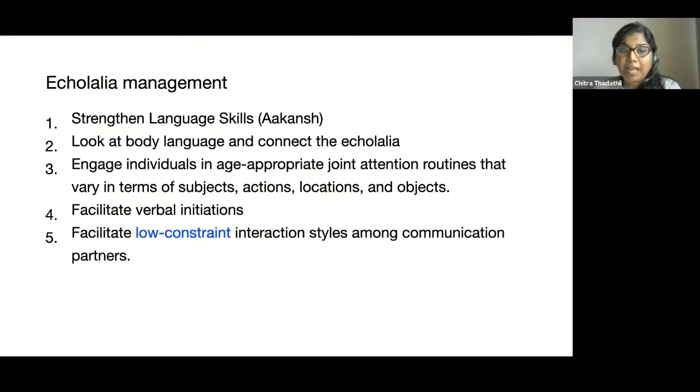Number 5, facilitate low constraint interaction styles among communication partners. The 5th tip is that your interaction with the child, as I told you earlier, should be age appropriate. It should be low constraint on the child. So you need to also understand to what extent you can do that activity. Now, I can't play that game with Akansh for the entire 40-minute session.